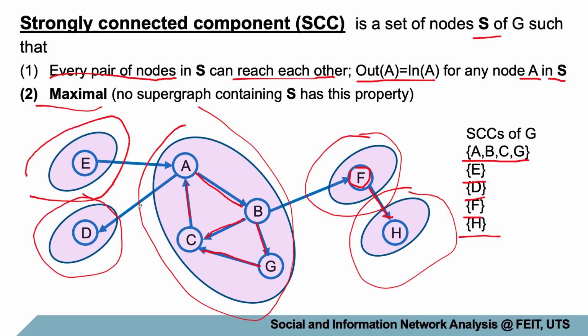They belong to different SCCs, so in this graph we can find 5 SCCs. Is it clear? If you still have any questions, please let me know.